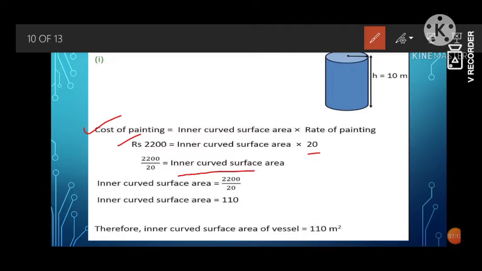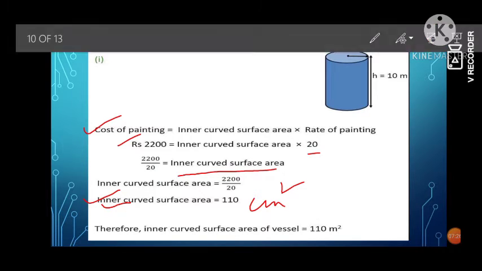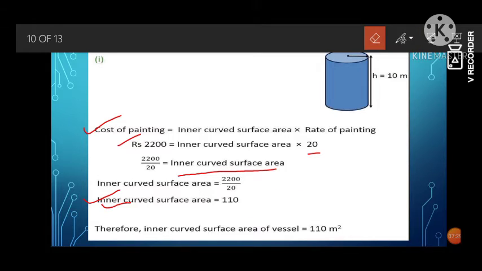So the inner curved surface area will be 2200 by 20, which is equal to 110 centimeter square. Sorry, not centimeter square, actually it will be meter square. So our inner curved surface area is 110 meter square.